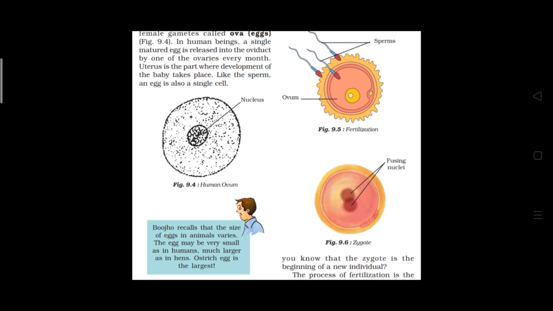So zygote is the result of fusion of two cells, but zygote is a unicellular cell because both nuclei fuse to form a single nucleus. The complete sperm will not enter the ovum.